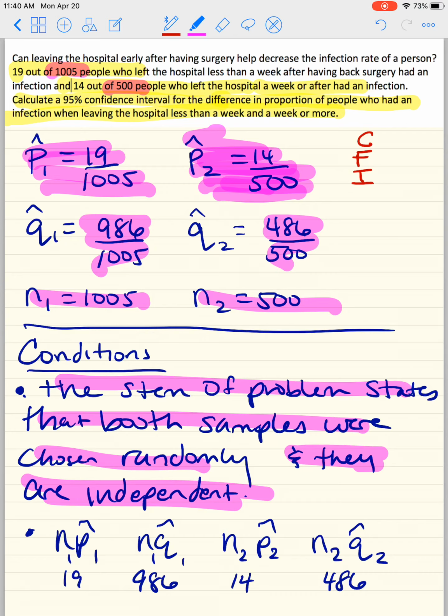So I did 1,005 times 19 over 1,005, so that's 19. We do 1,005 times 986 over 1,005, so that's this guy. We did 500 times 14 over 500, so that's that guy, and the same thing to get 486. You have to say why you did this.